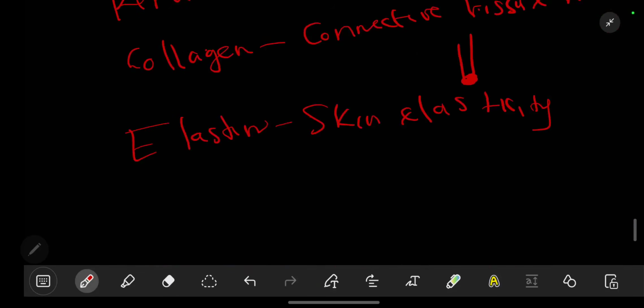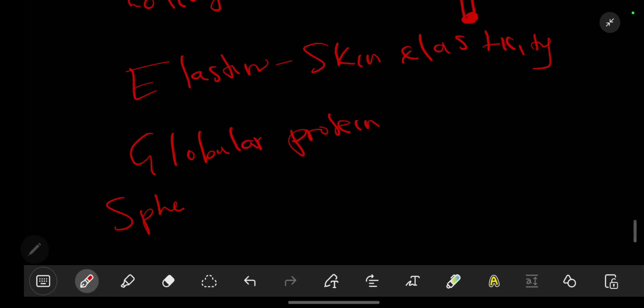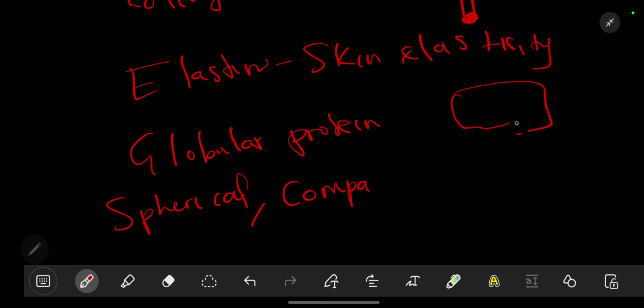When we look at our globular proteins, on the other hand, these proteins are number one, spherical. They are also compact, meaning they are more like compressed, and most of them are usually soluble in water.